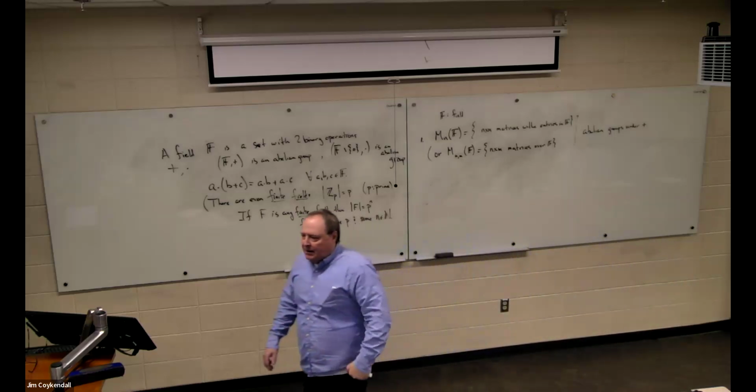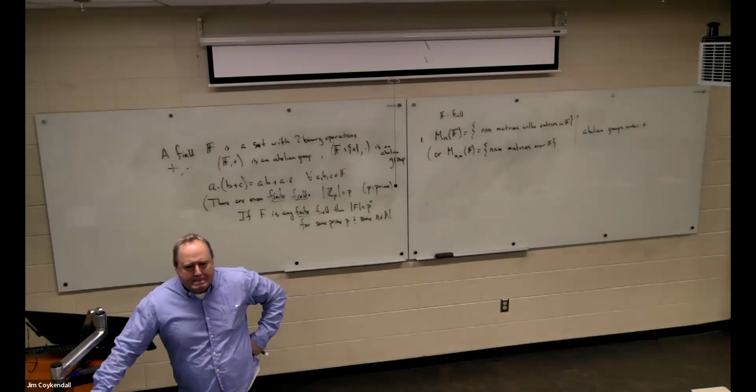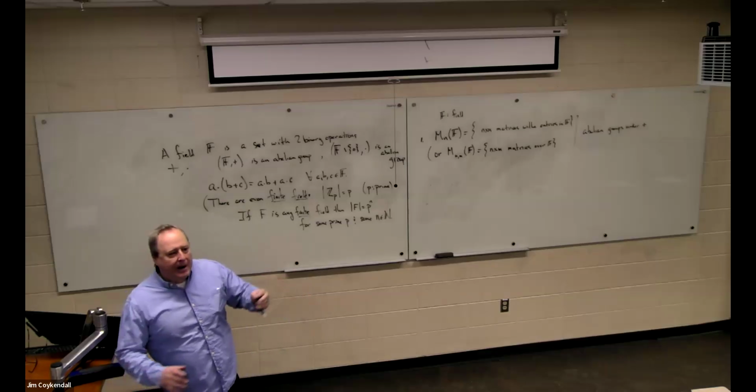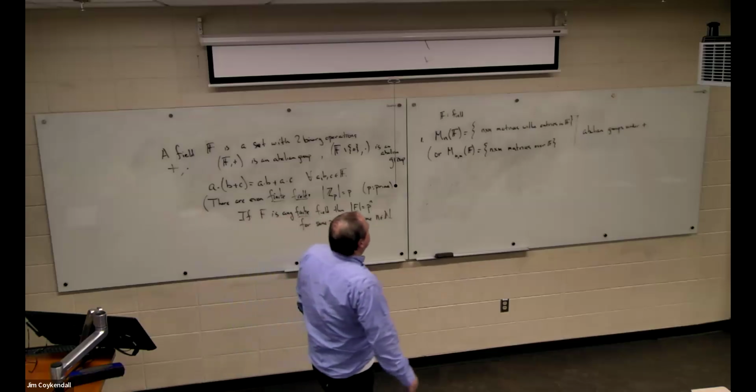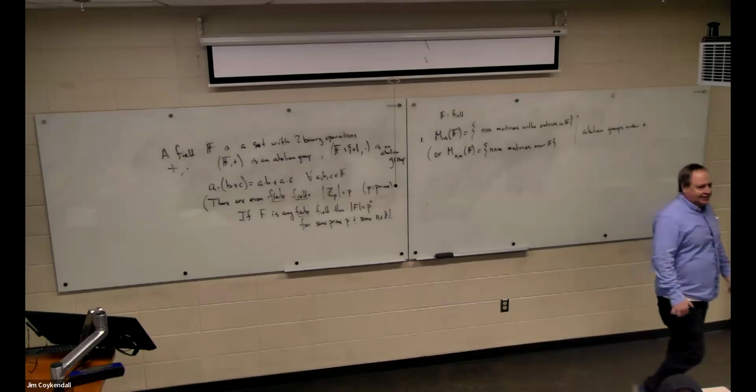What is the identity under multiplication for an N by N matrix? Can anybody describe the matrix that you multiply any other N by N matrix by and it leaves it alone? What does it look like? It's got ones down the diagonal, that's right, and zeros everywhere else. Do you expect an N by N matrix to have an inverse?